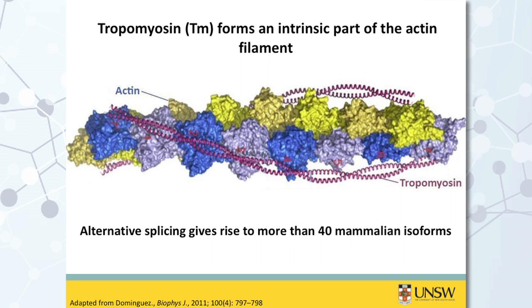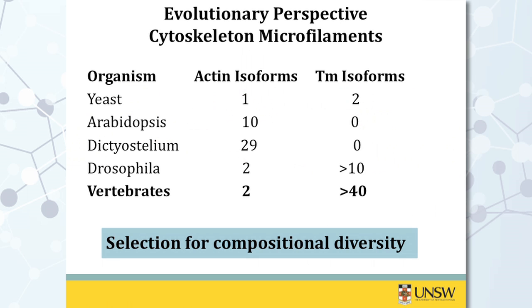Now, the very interesting feature of this is that the tropomyosin exists in many forms. So in our bodies, we make over 40 different types of tropomyosin. Why is that interesting?